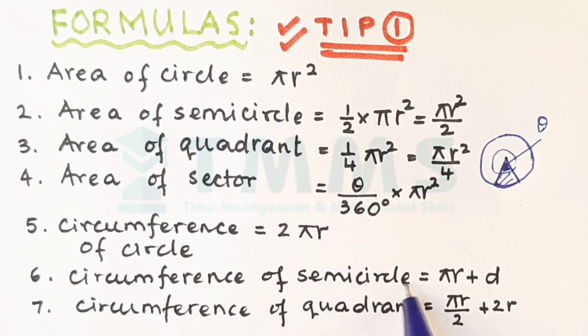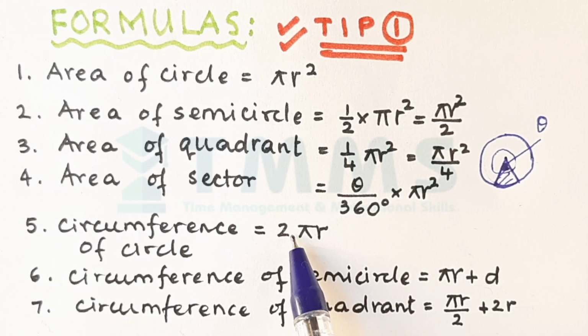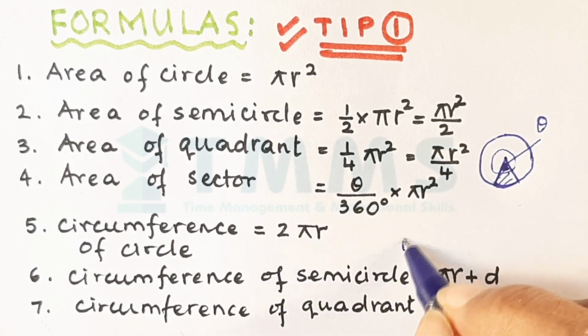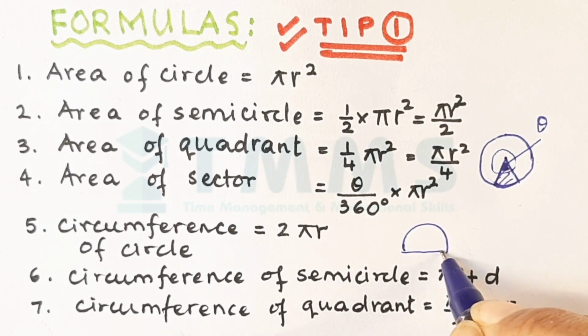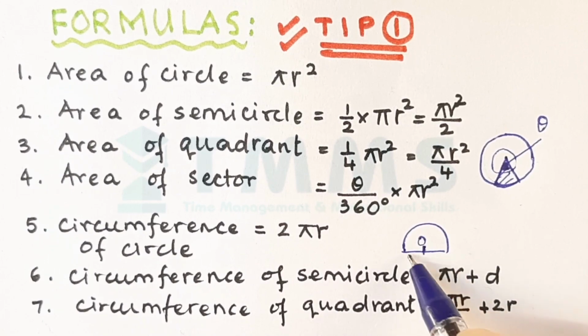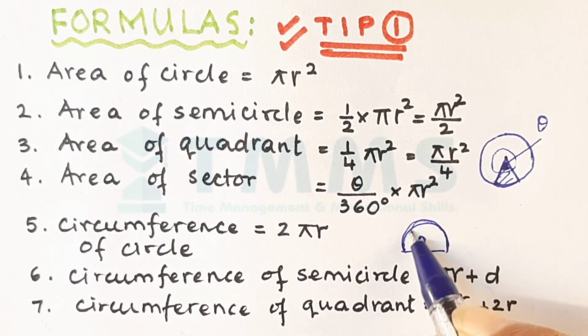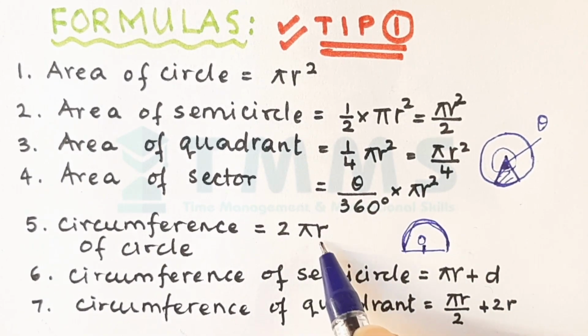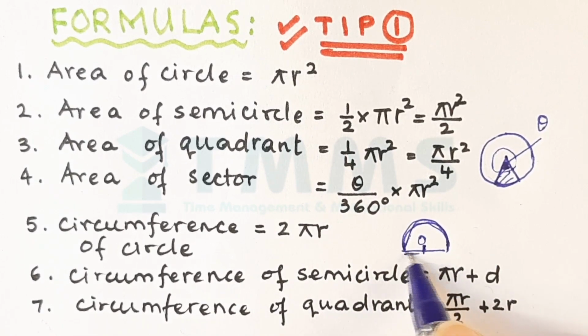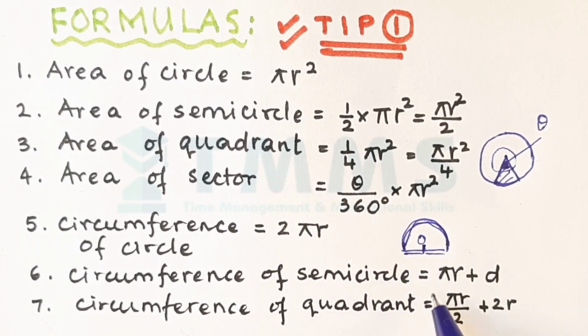Circumference of the semicircle will be half of this. So the arc of the semicircle is going to be half of 2 pi r, means it is pi r. And plus we have to add this and this.